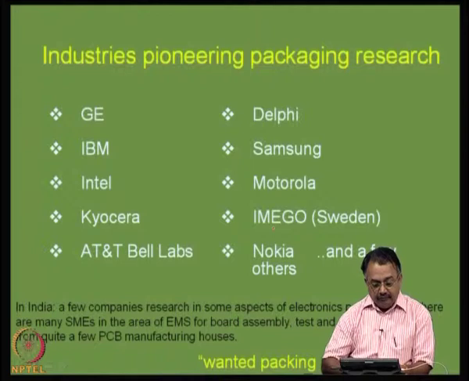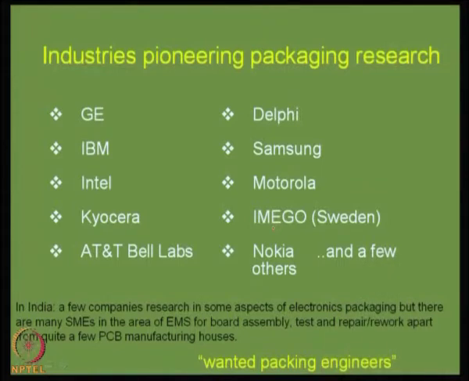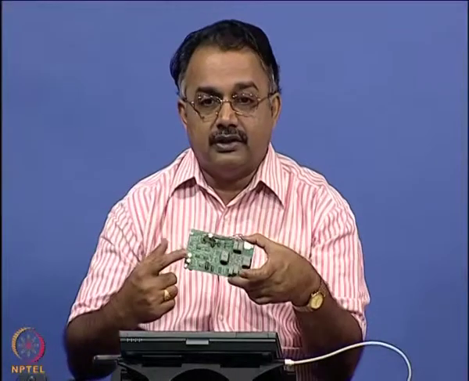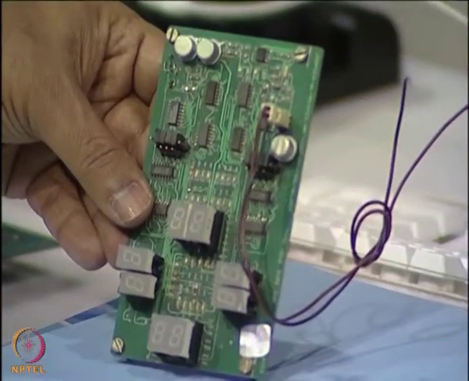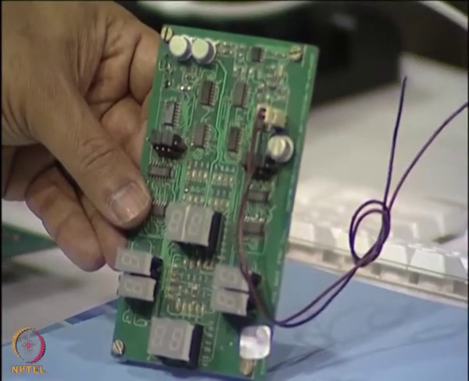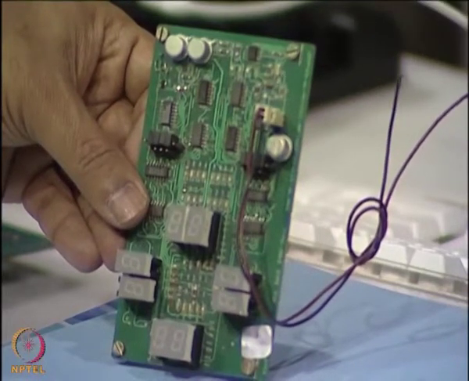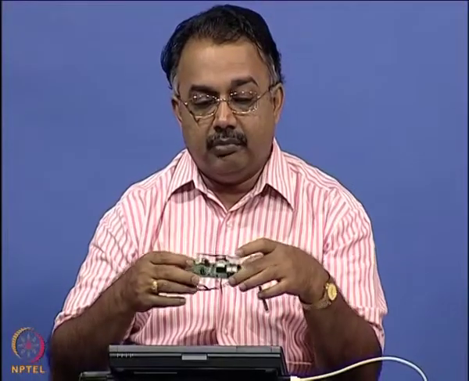So, in India, a few companies are there which research in some aspects of electronics packaging, but in India you will find there are a lot of small and medium scale enterprises working in the area of EMS, that is electronics manufacturing services, which means assembly of such devices. For example, if you prepare a substrate, they will assemble the entire packaging devices here, test it and give it to you, okay, at a price.